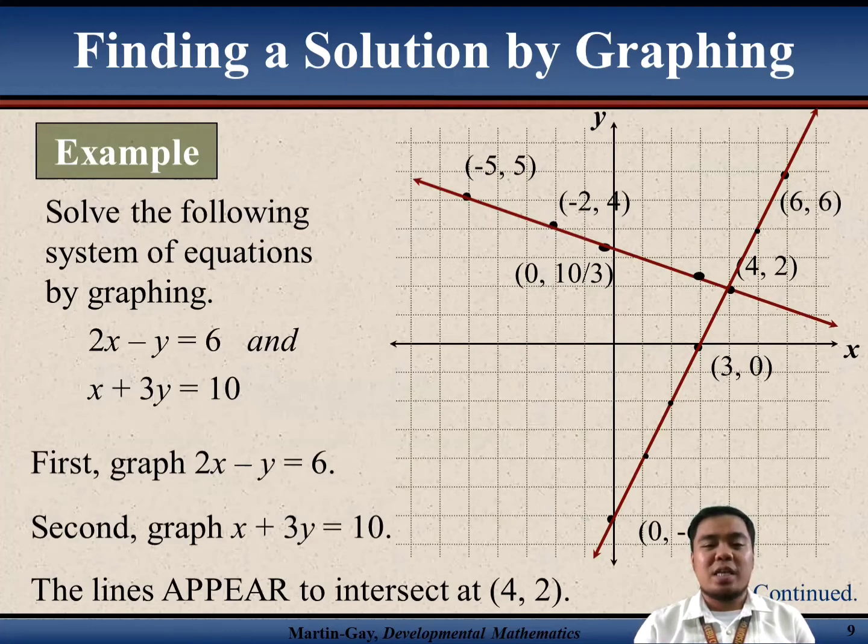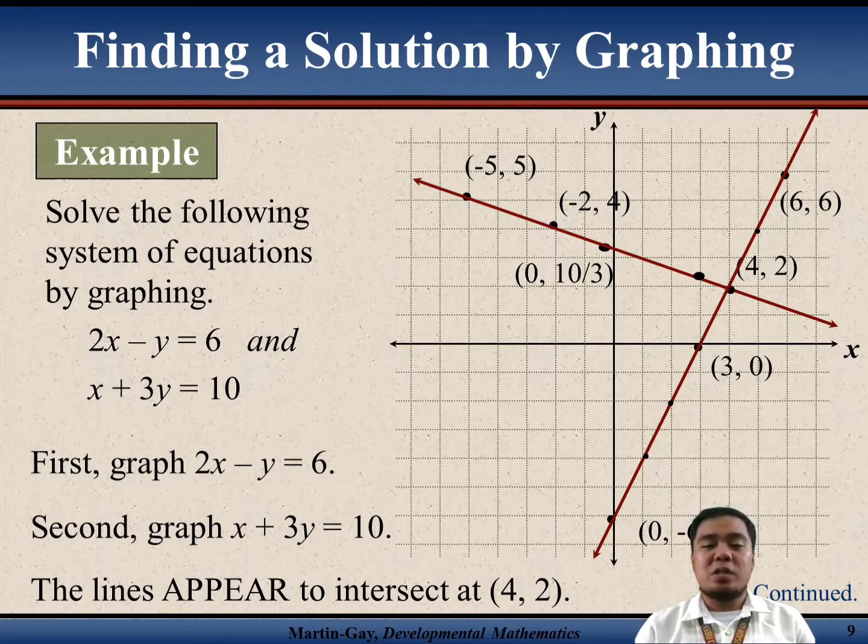As you notice, for the graph of 2x minus y is equal to 6, we have there (0, -6), (3, 0), (4, 2), and (6, 6). And we also have for the graph of x plus 3y is equal to 10, (-5, 5), (-2, 4), (4, 2), and so on, depending on the values of x that you set.